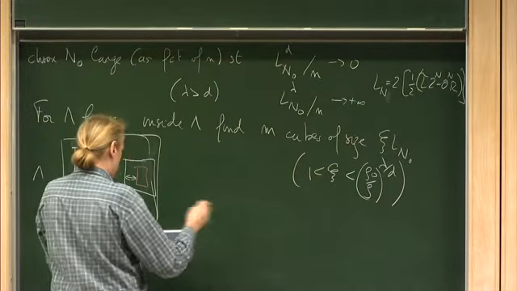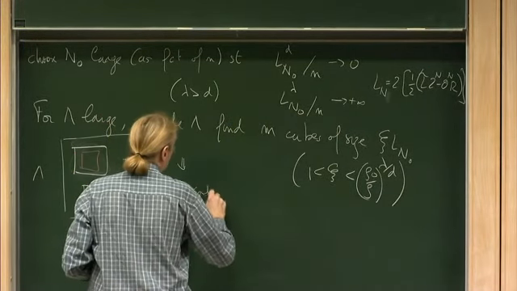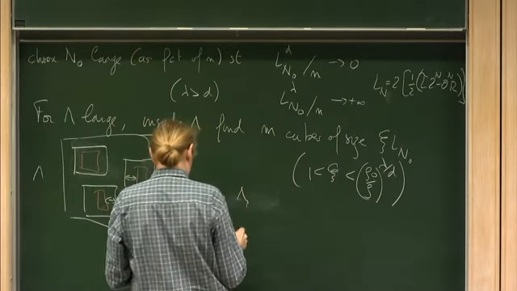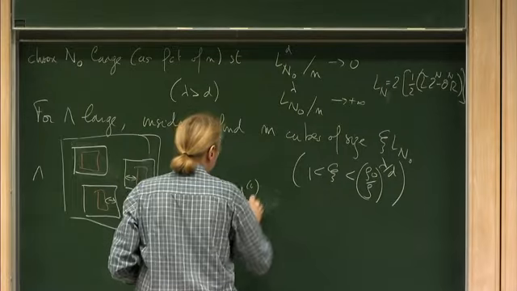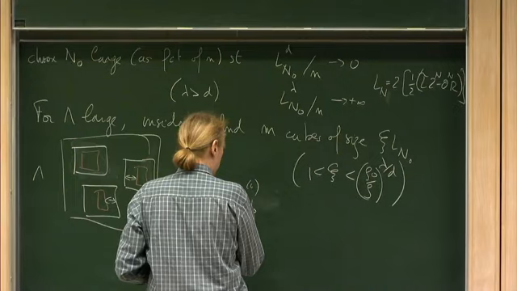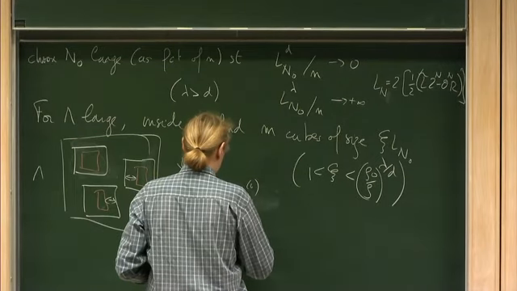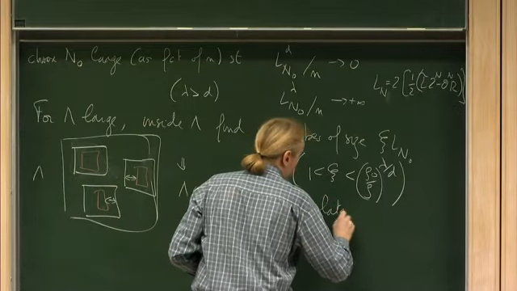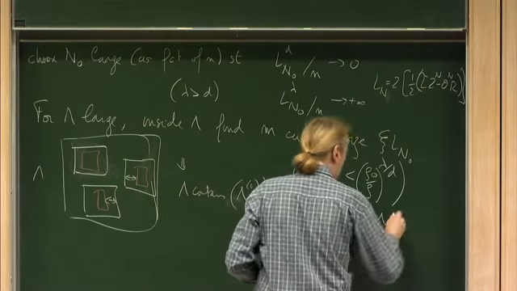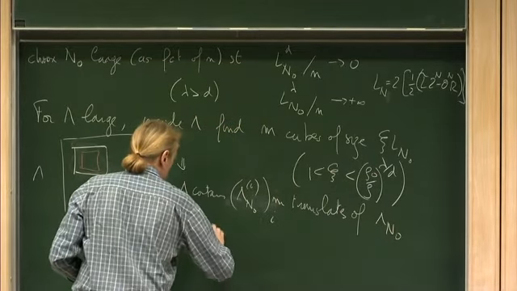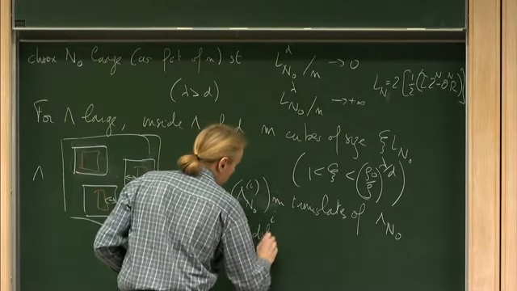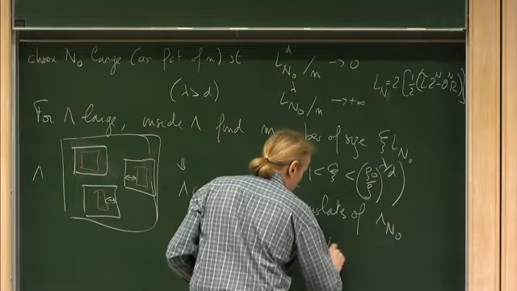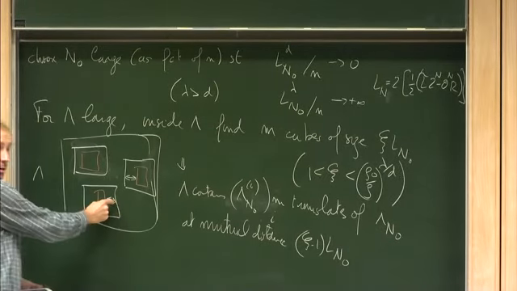So this guarantees that lambda contains m translates of lambda n0, which have side length ln0, at mutual distance at least Xi minus 1 ln0, just because of the distance you gain to the boundary.